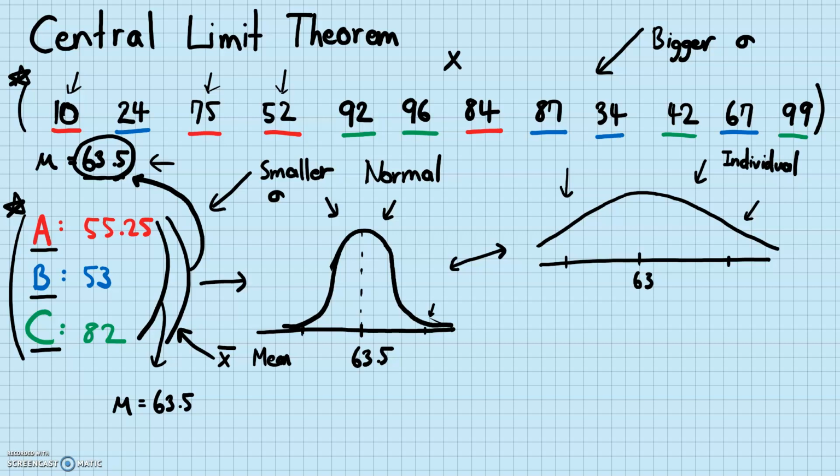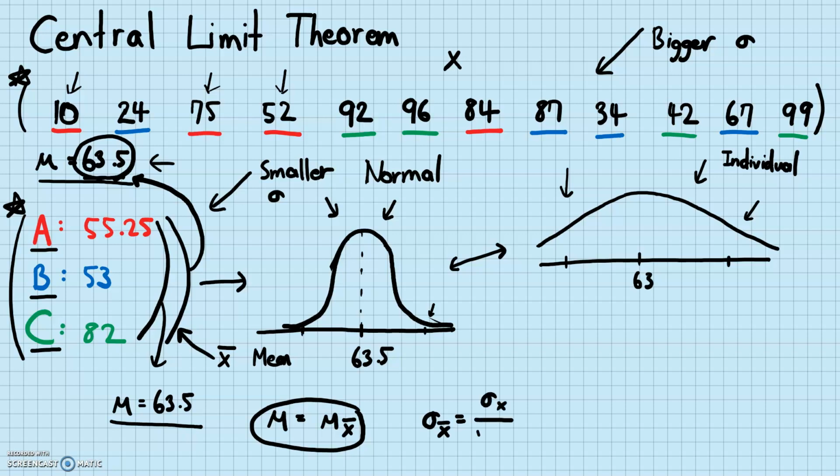When I just say X, it's the individual scores. Like I said before, the mean's going to be the same. So the mean of the original score is going to equal the mean of the average scores. And the standard deviation of the mean scores is going to equal the standard deviation of the original score divided by the square root of n.